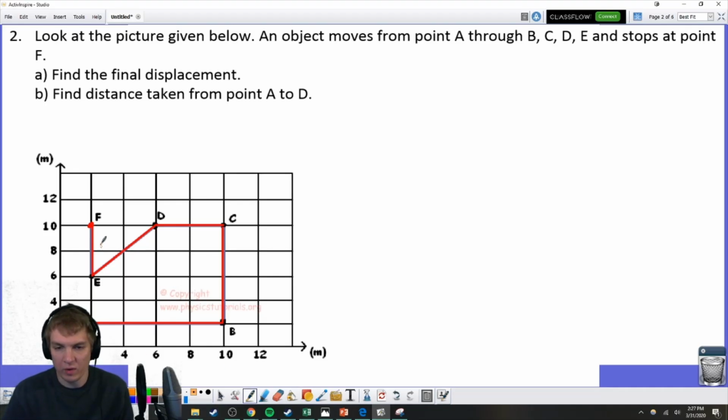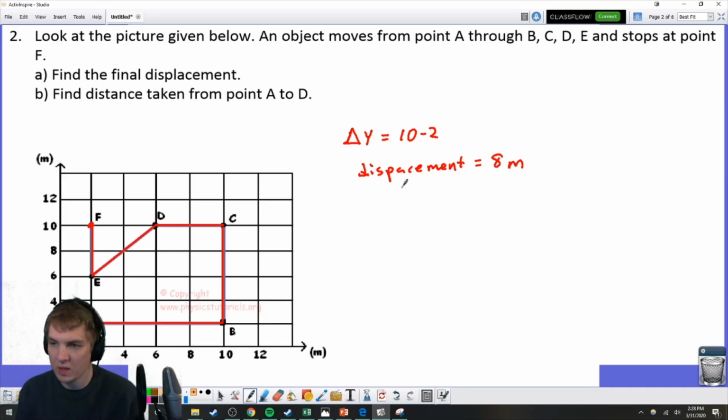In the Y direction, he did move how many squares? He's going from 2 to 4, 4 to 6, 6 to 8, 8 to 10. You could count that if you wanted to, but the difference in Y is going to equal 10 minus 2. So his displacement was 8 meters.